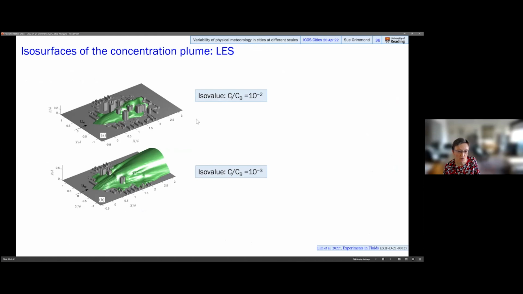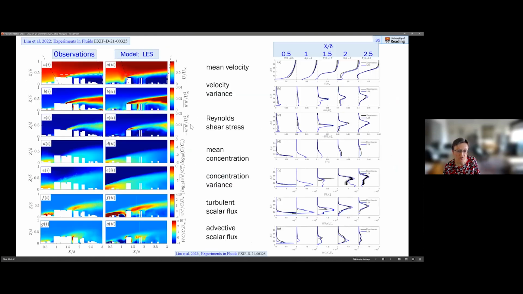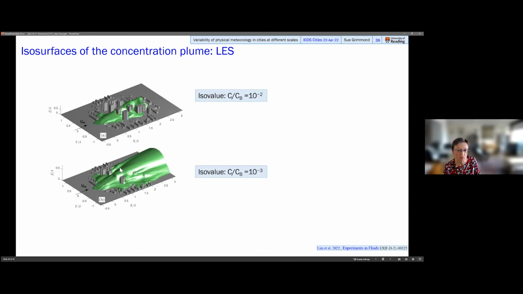Now, I would hope that the tools that I've shown, for example, if we say that from these observations and modeling, this LES model is working reasonably well. In this particular example, we've shown an emission point close to the surface, but we could obviously now make emission points at a whole variety of different places to actually address this question.